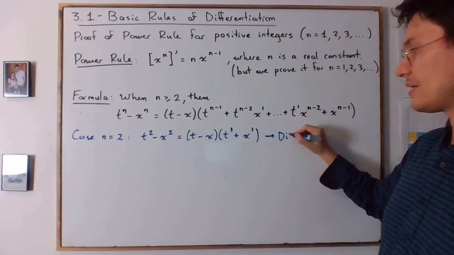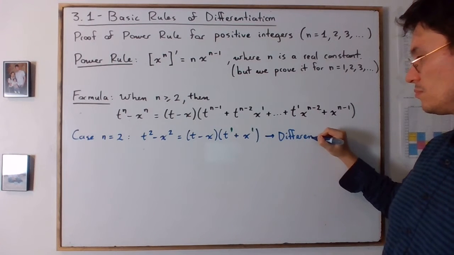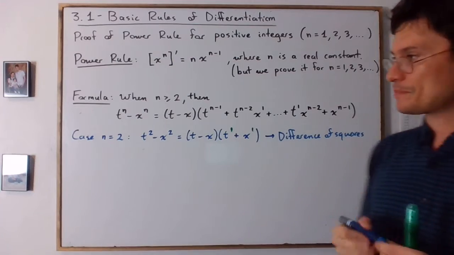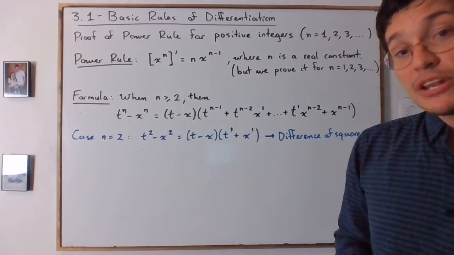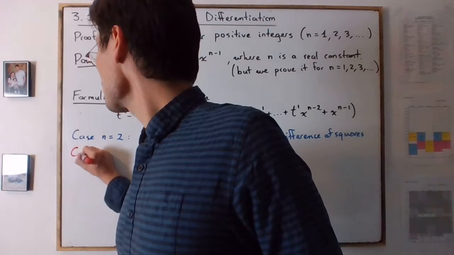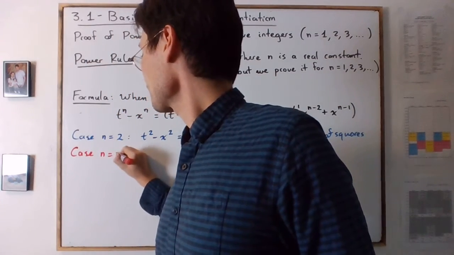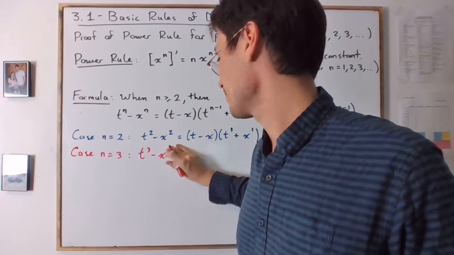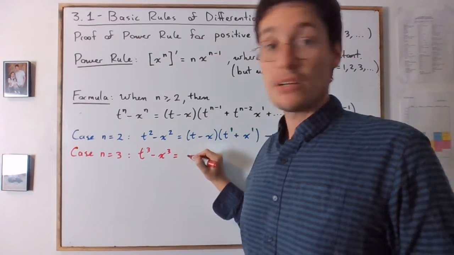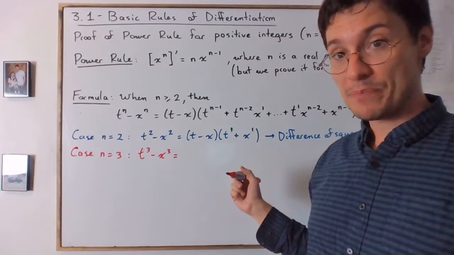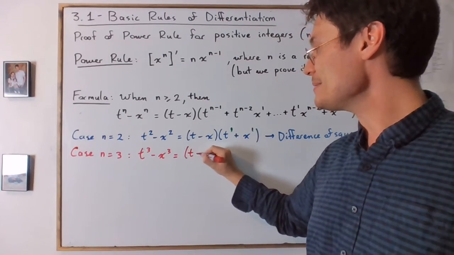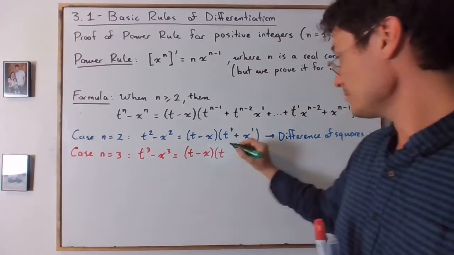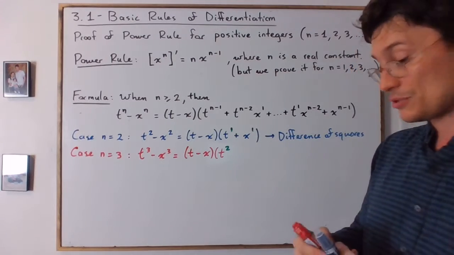I'm just going to write it down, actually: difference of squares. Okay? If we look at the case n equals 3, you're going to have t cubed minus x cubed. If you try to apply the formula, you will have t minus x, and then you start with t squared, so 3 minus 1 is 2.